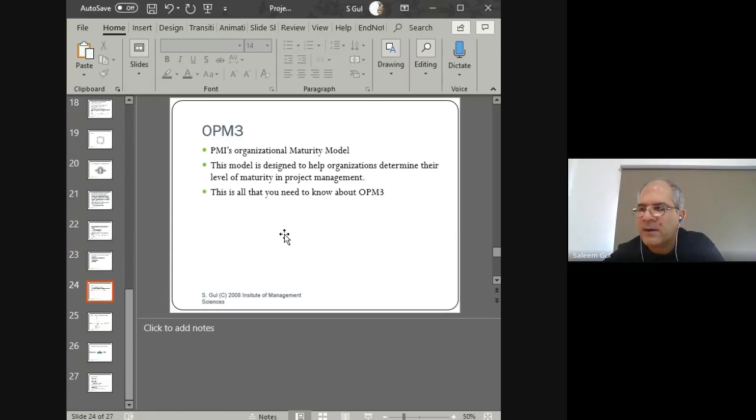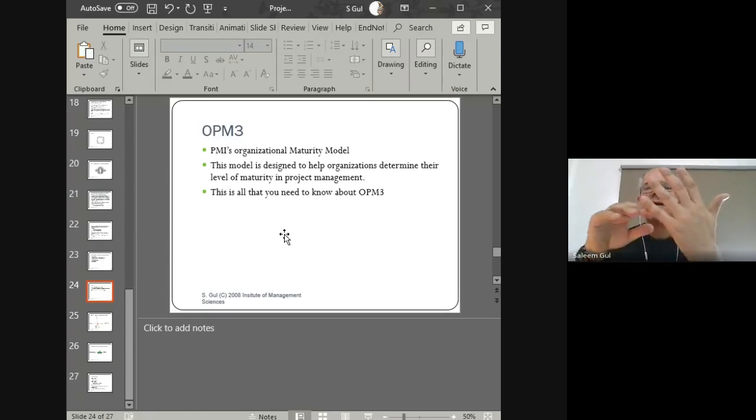It is an engineering group at Carnegie Mellon, which is concerned about software engineering, and they have something called the Capability Maturity Model and the Capability Maturity Model Integration. And these two concepts, the CMM and CMMI, are basically what the OPM3 concept is modeled after. So if you want to read up about these in more detail, you just read up on the CMM and CMMI, and you will have a very good idea of what OPM3 is.